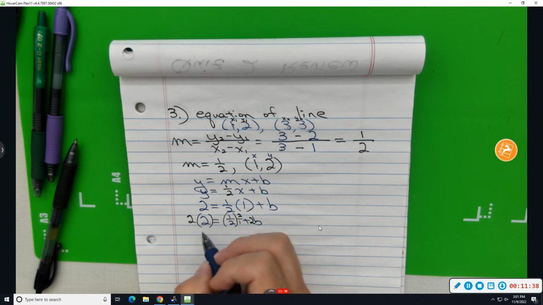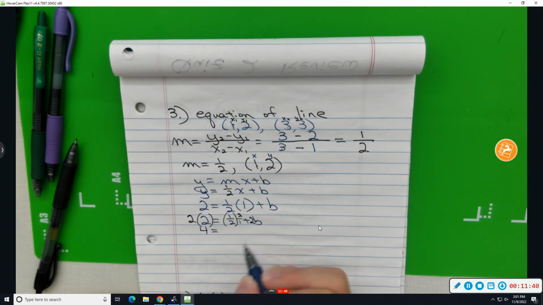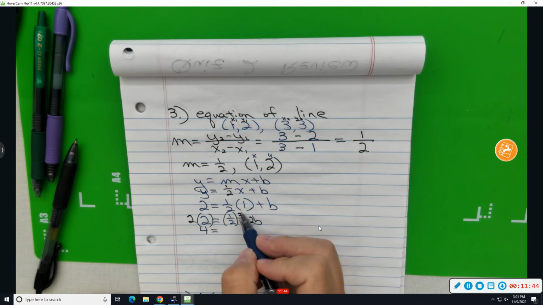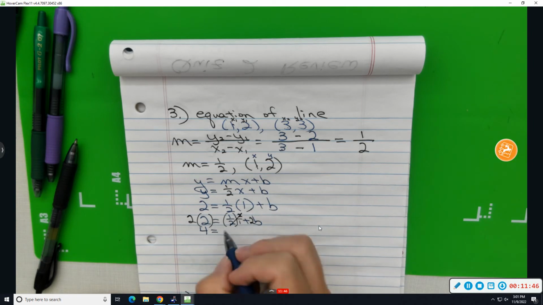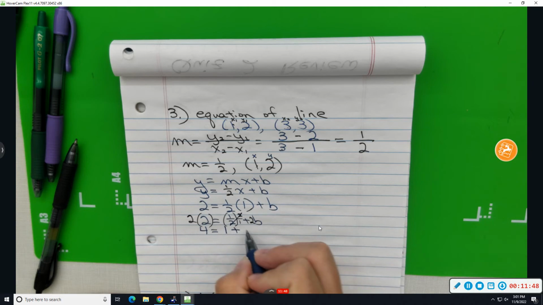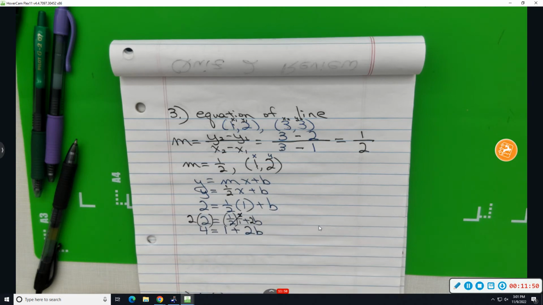Two times 2 is 4 equals, what's about to happen here? The 2's cancel. 1 divided by 1 is 1 plus 2 times b. Any questions there? Multiply every term through by that denominator 2 to give us 4 equals 1 plus 2b.